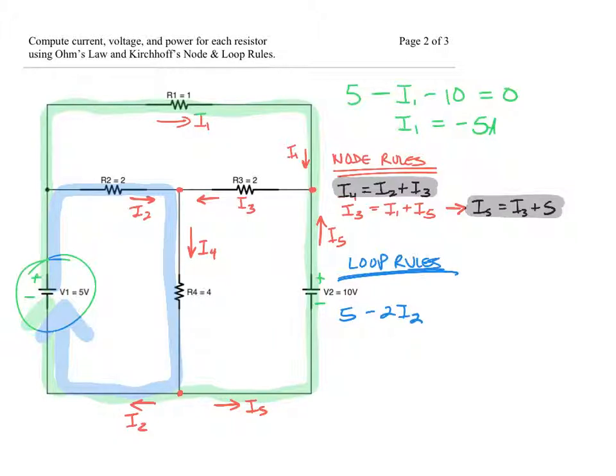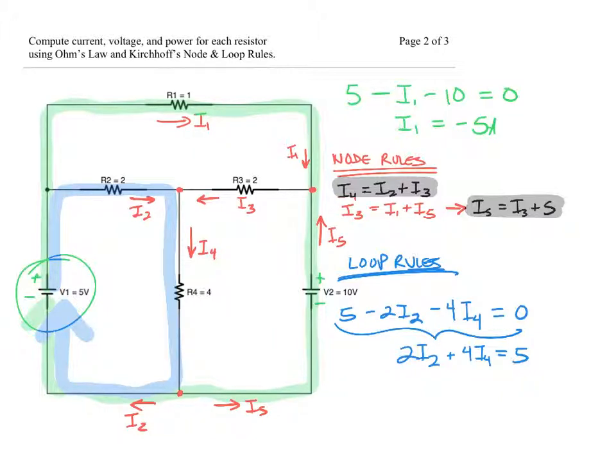And then going back to the battery will be 0. So that one I can write that equation as, if I just change the signs on the variable terms, 2I2 plus 4I4 equals 5.